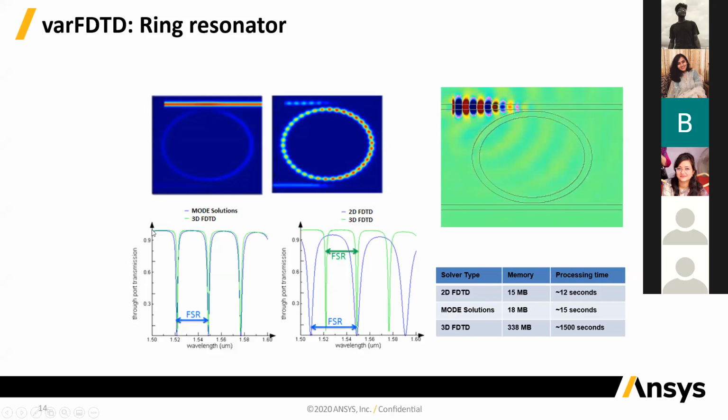So when you look at the light at the end of this waveguide, light just propagates through most of the time, but for some wavelengths, it couples to the ring and goes to the other waveguide at the bottom, and you see an extinction of the transmission. These are called resonant wavelengths for this device. Multiple wavelengths can meet that criterion, and you see this type of resonant behavior from these ring resonators. The distance between two adjacent resonant wavelengths is called the free spectral range, or FSR.